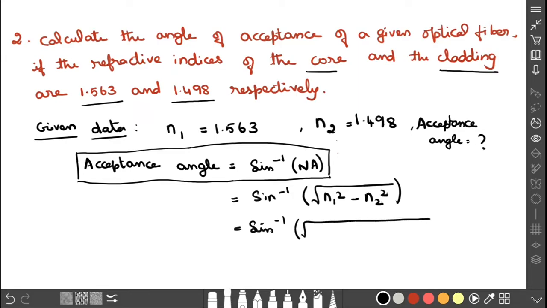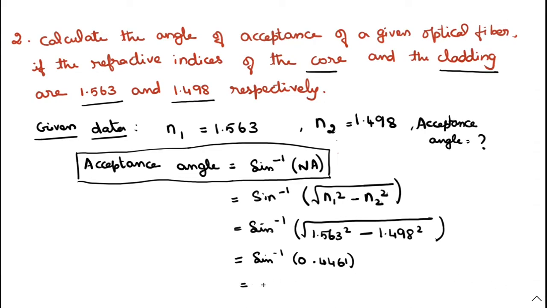N1 is equal to 1.563 whole square minus 1.498 whole square. By using the calculator we get sine inverse of 0.4461, and after this we get 26 degree 30 minutes.